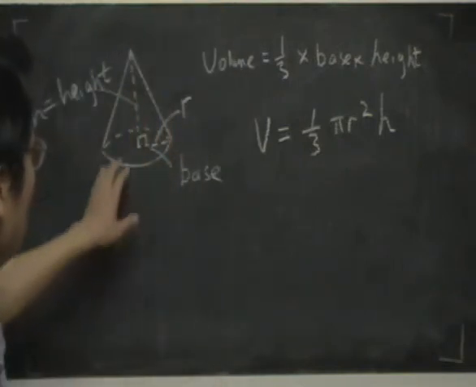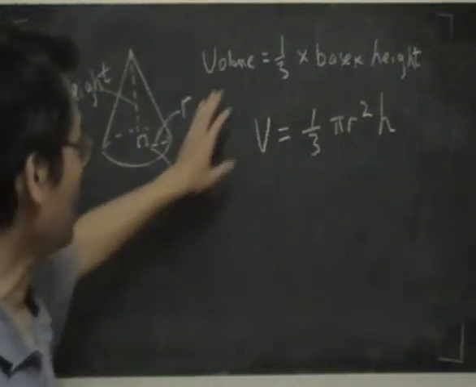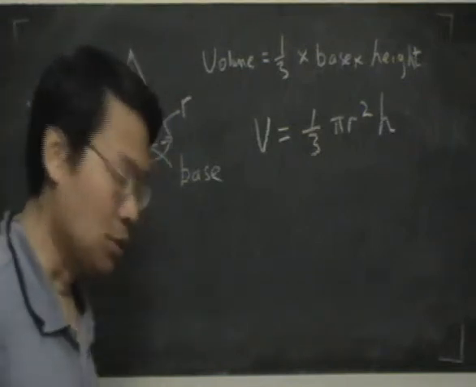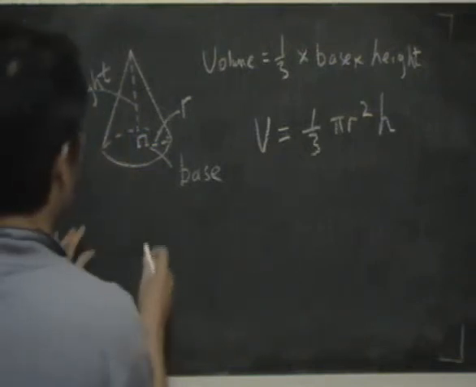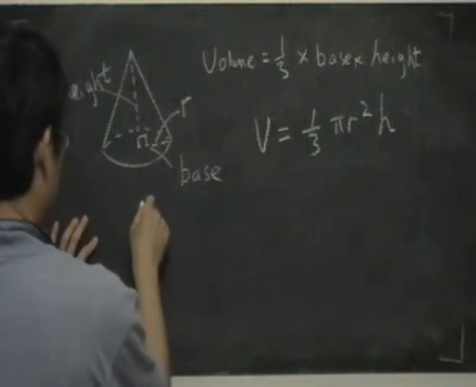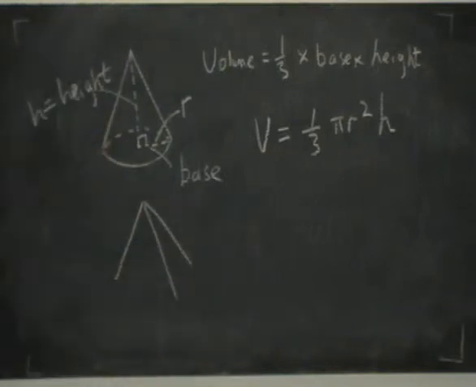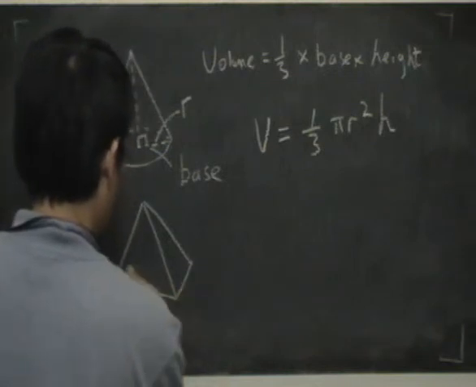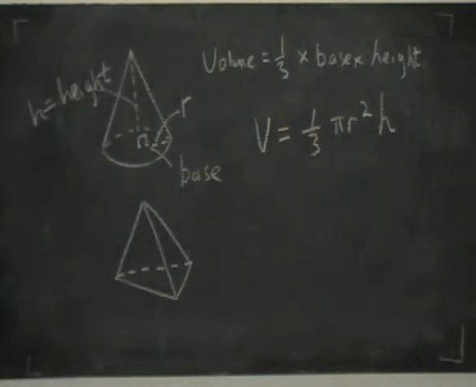So in this case, for an object that looks like a cone, you can actually apply the same formula even if the base is not a circle. So let's look at a simple example.